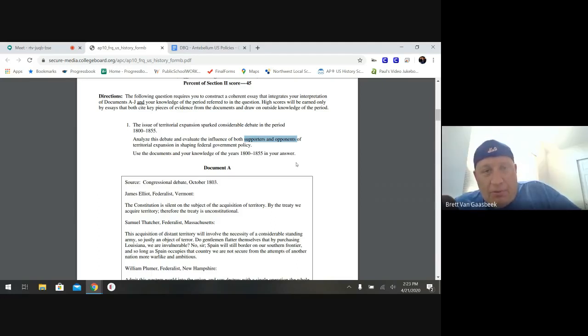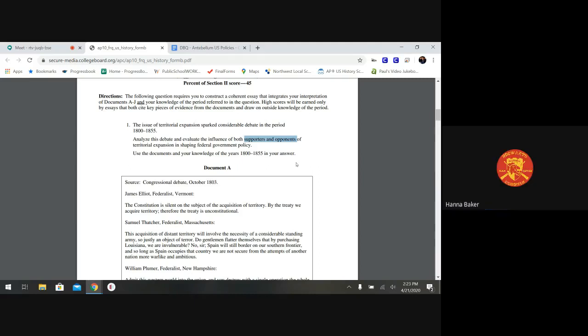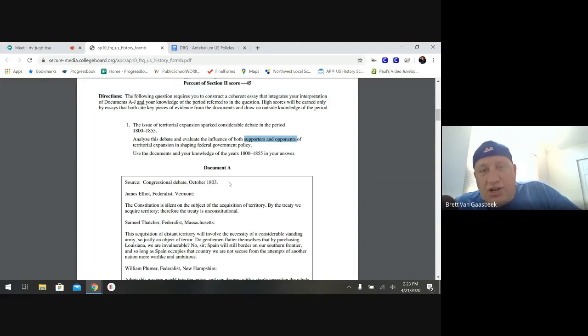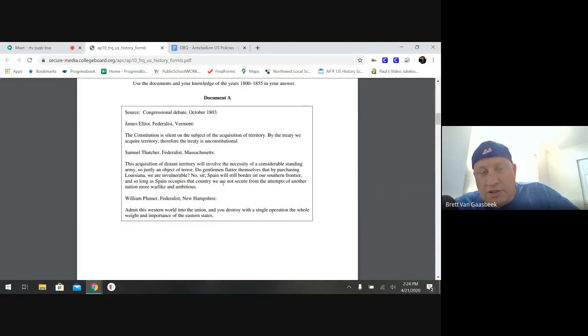And isn't that an AP point? Pointing out how these people think helps you to not only use the documents, but point them in the direction of point of view. So when you're building your thesis, it's not just giving me a laundry list of things that were debated. During your argument, you're going to have to show how they were debated, using the documents to do it. All right. So that's what we have to do from 1800 to 1855.